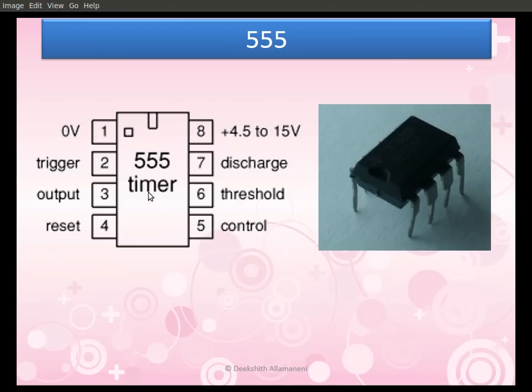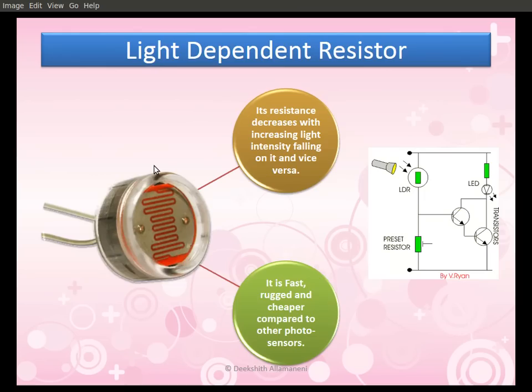That means we are making the reset pin become low when it is dark, and the reset pin will go high when it is not dark. Let me show you how we have done this.